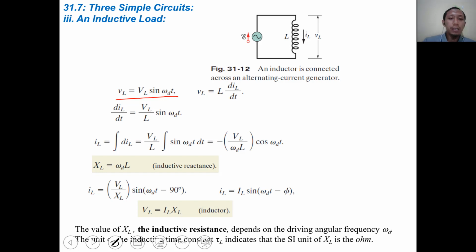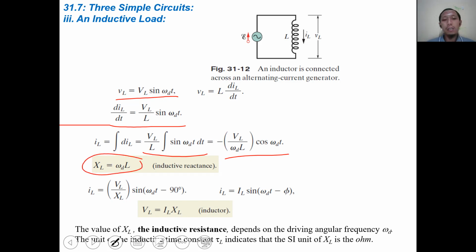If we take the differential, dI_L per dt is equal to V_L per L sin omega_d t. So I_L is equal to the integral; taking the constant out, V_L per L times the integral of sin omega_d t.